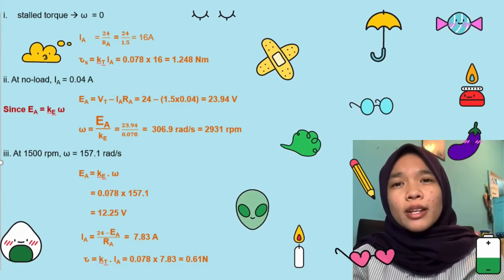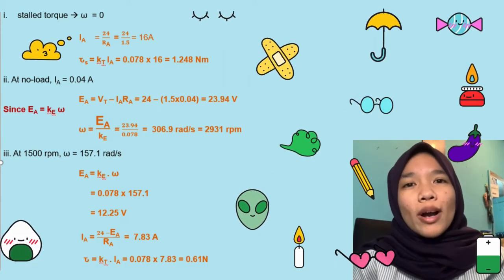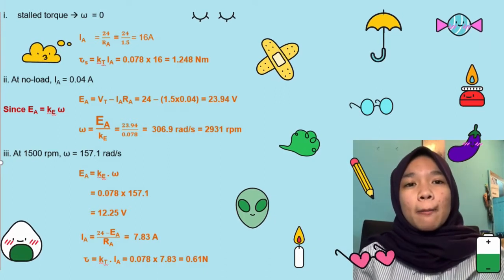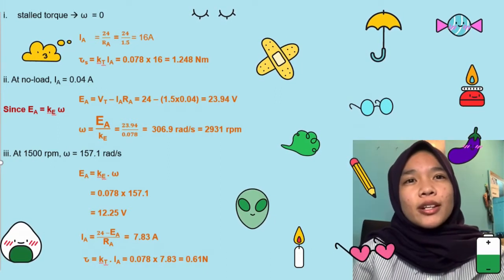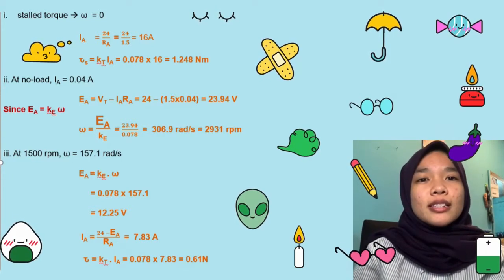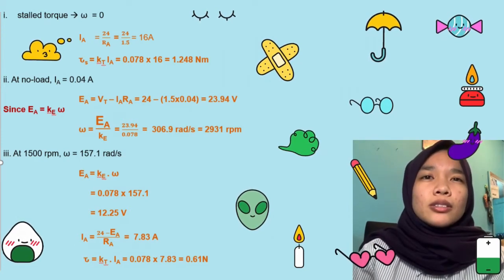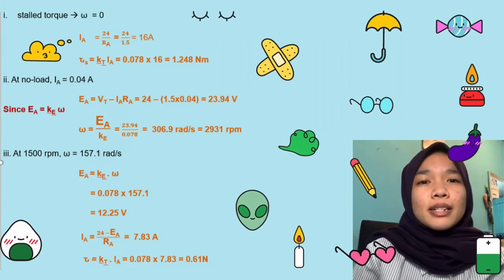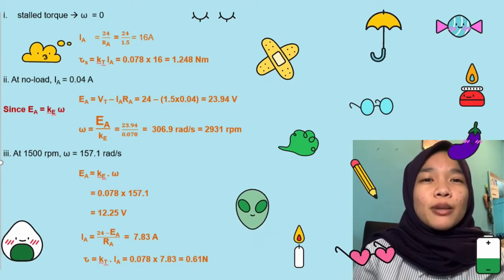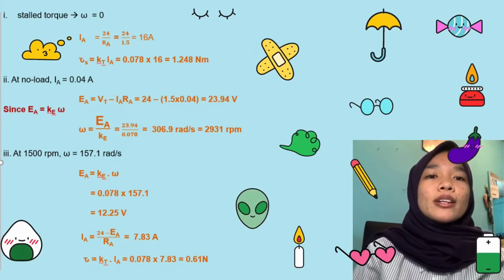So it will be 12.25 volt, while the current equal to 24 minus Ea divided by armature resistance, equal to 7.83 ampere. Lastly, torque equal to torque constant multiplied by current, equal to 0.078 multiplied by 7.83, and it will be 0.61 Newton meter.